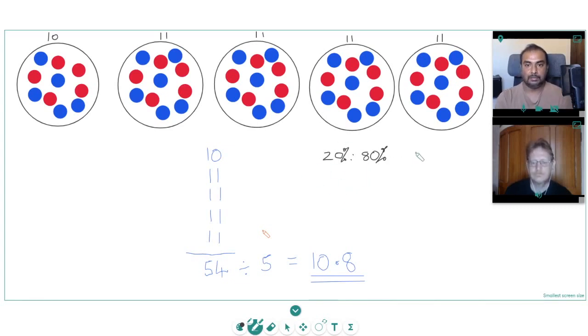So that would be 20 out of 100 of these. So I'll be quite literal with that. 20 out of 100 of a mass of 10, added with 80 out of 100 in a larger sample of 100, with each nucleus being 11. And if you do this calculation, you'll end up with the same answer of 10.8.